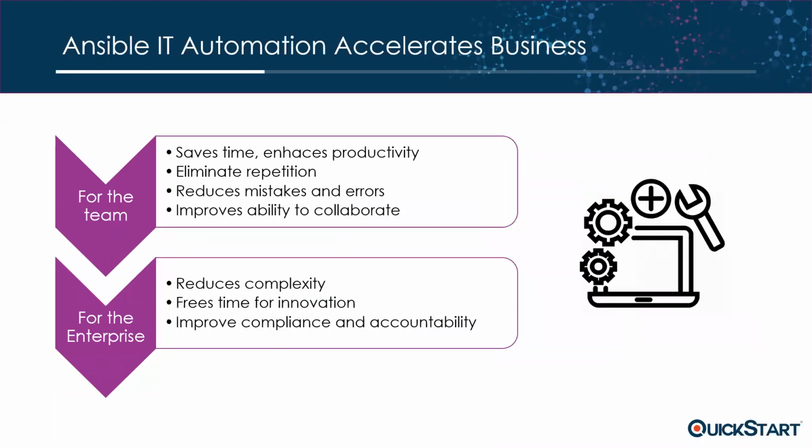So, continuing with automation accelerating business, summarizing, we could say that the main goal of automation related to business is, again, to improve the ability to collaborate, improve compliance and accountability, and so on.